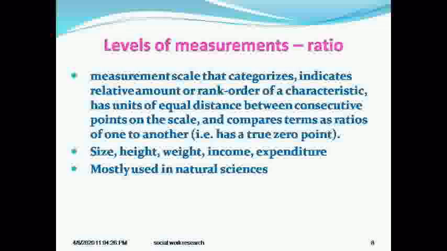Examples of ratio level are size, height, weight, income, and expenditure. This ratio level is mostly used in natural sciences, physical science, biological science, and chemistry, while the nominal and ordinal levels are used in social sciences.